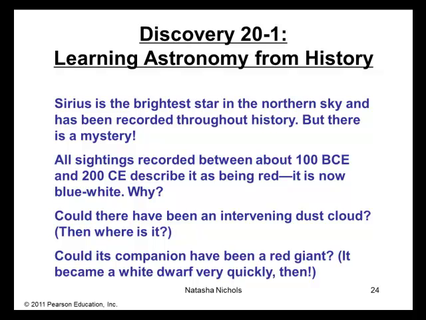Then if that's the case, it became a white dwarf very quickly. So that's one of the mysteries in astronomy, the color of Sirius. If you want to read details on that, take a look at your textbook in Discovery section 21.